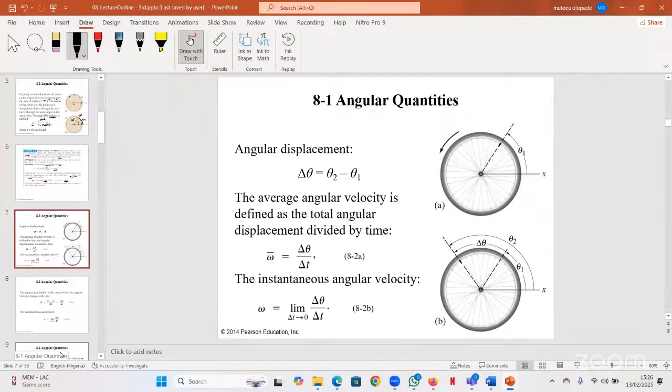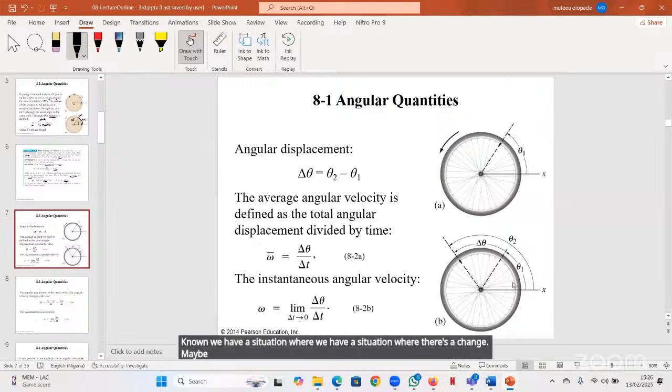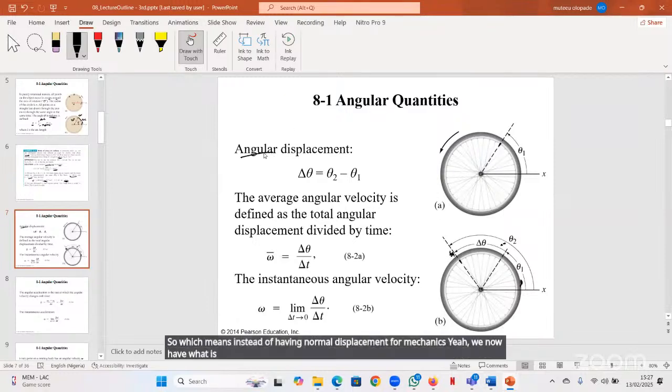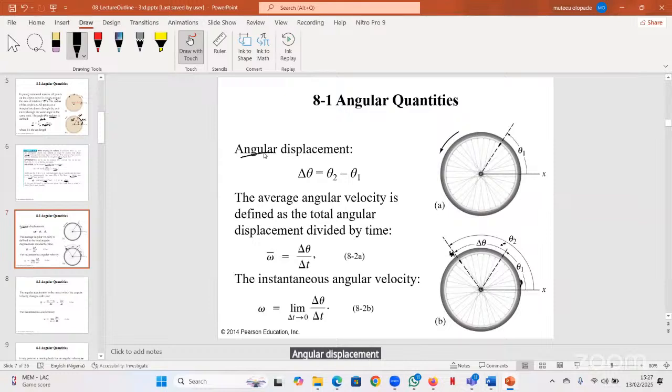Now, we have a situation where there's a change. Maybe there's a displacement from where the object was before to this place. Initially, it moved from here to here and from here to here. So which means instead of having normal displacement for mechanics, here we now have what is referred to as angular displacement. So angular displacement will be what? Theta 2 minus theta 1.